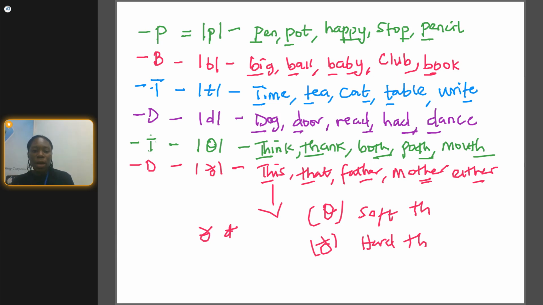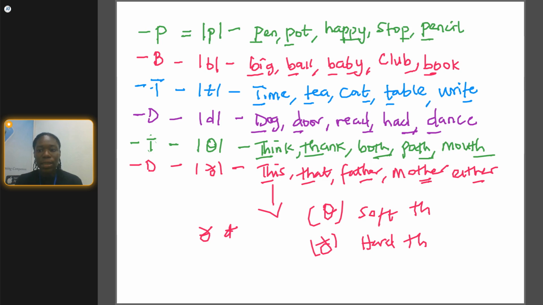All right, so this is where we are going to stop for today, and we are just quickly going to go over what we have done today before we take a past question, and then we call it a day for the next class. All right. So we started by looking at what consonant is.